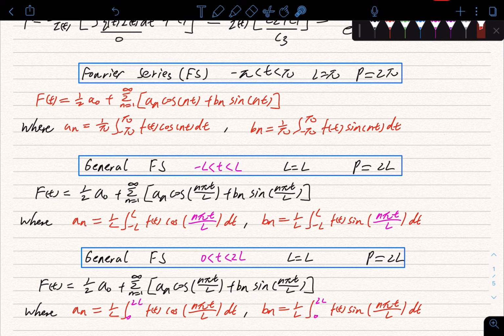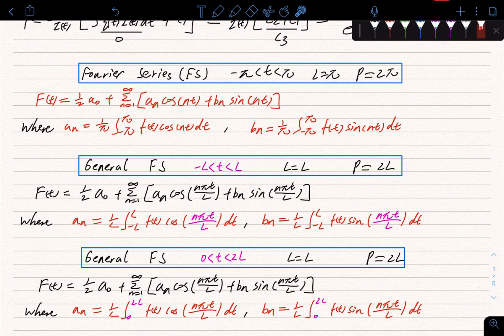What you would notice is that the Fourier series changes from cosine of nt to cosine n pi t over L, and then sine n pi t over L. Our integral changes a little bit. Instead of pi, now we have L, and then this is the same thing as we saw up here. An interesting observation is that if you replace all of these L with pi, you will get the same thing as this common Fourier series that we just talked about.